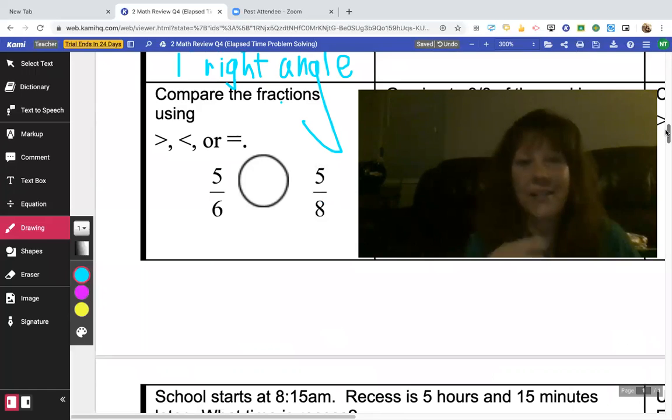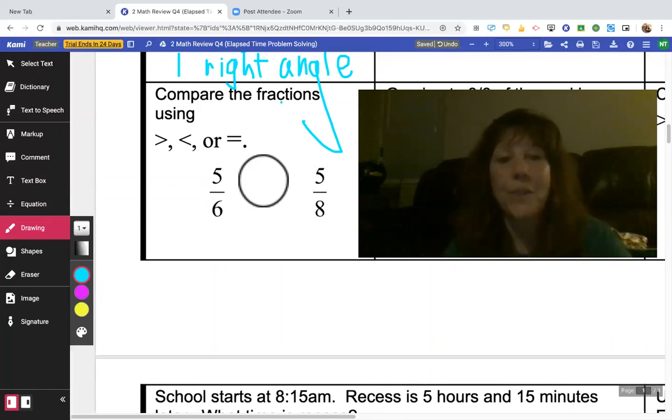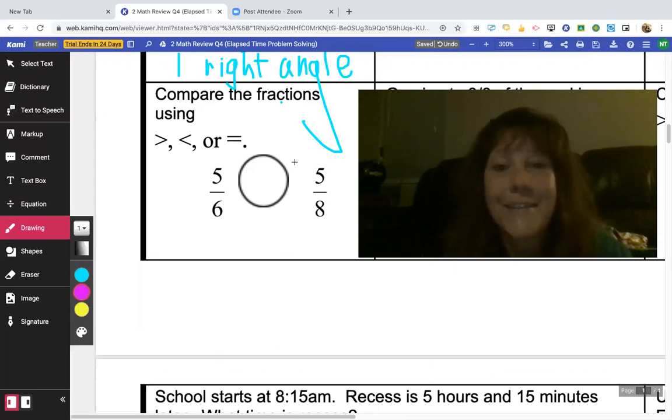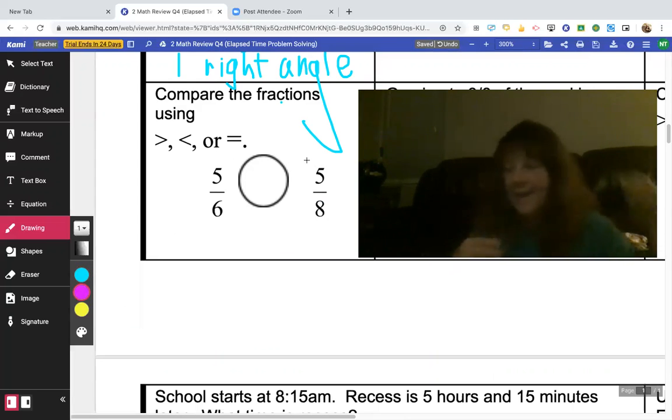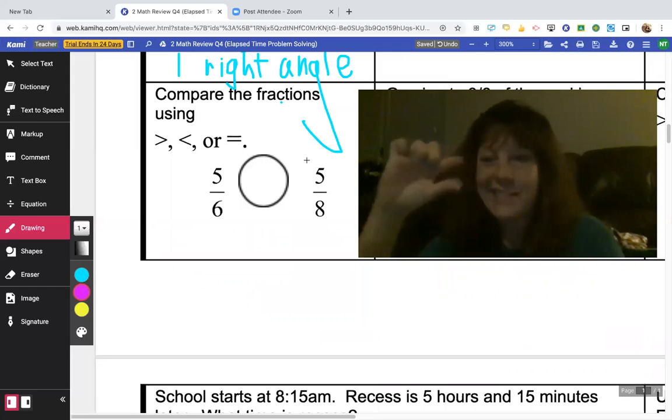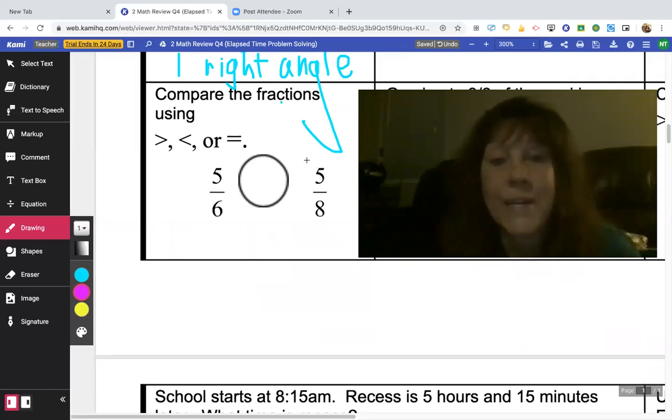Compare the fractions using greater than, less than, or equal to. Guess what? We can use our favorite butterfly to do this one, right? Or if we had our tiles, we could lay out 5 1/6 pieces, or we could lay out 5 1/8 pieces.